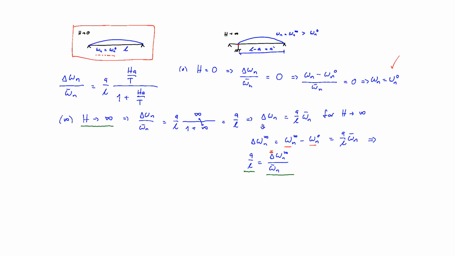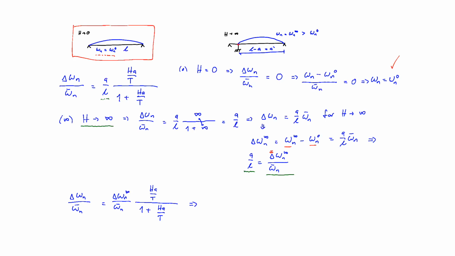And we can substitute that into the original expression. Thereby we get the complex frequency increment divided by the mean value as the infinite increment divided by the same mean value, times the fraction with HA divided by T over 1 plus HA divided by T. So the two omega n bars cancel.